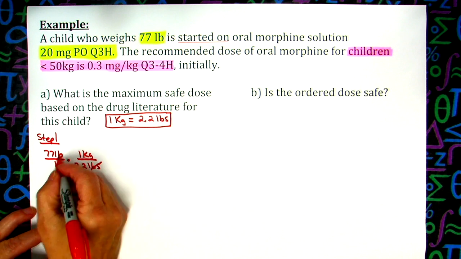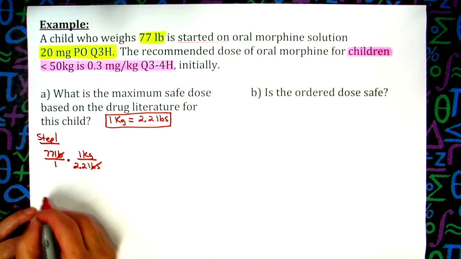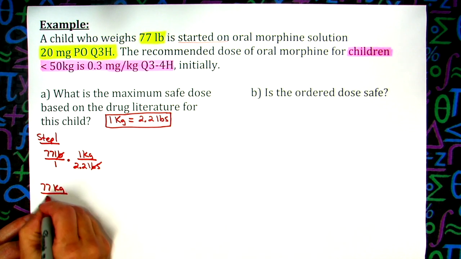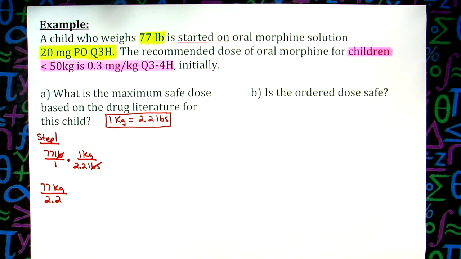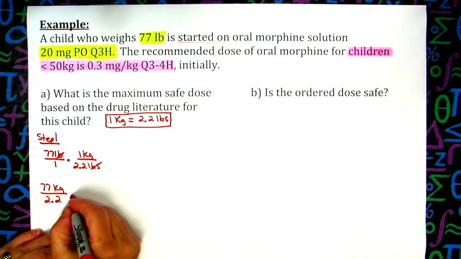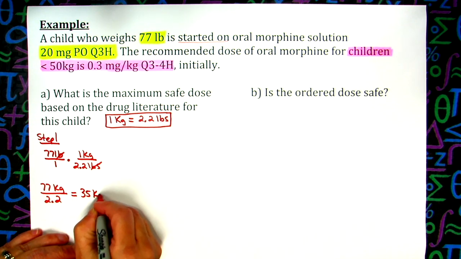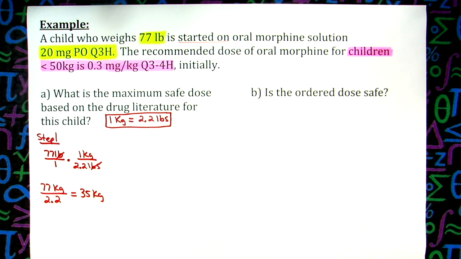Pounds are going to cross out. Multiplying straight across gives you 77 kilograms divided by 2.2. So if you can easily convert pounds to kilograms by dividing by 2.2, that works. The unit analysis also works. This gives us a weight of 35 kilograms for the particular child in this problem.